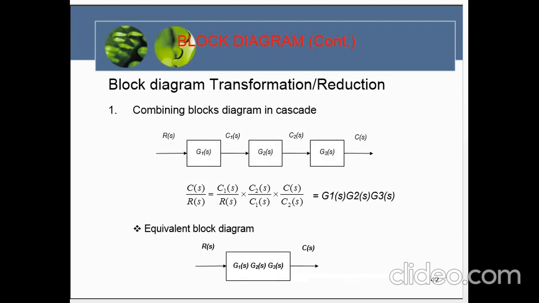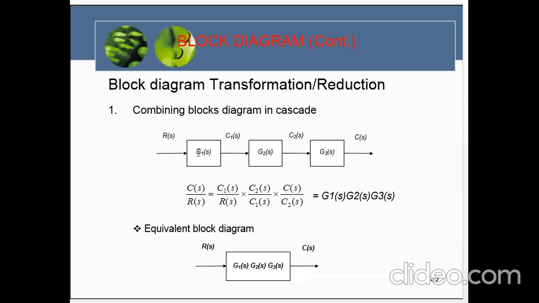Next we look at block diagram transformation or reduction. Number one, combining blocks in cascade. Here you see it consists of 3 blocks with gains or transfer functions G1(s), G2(s), G3(s).